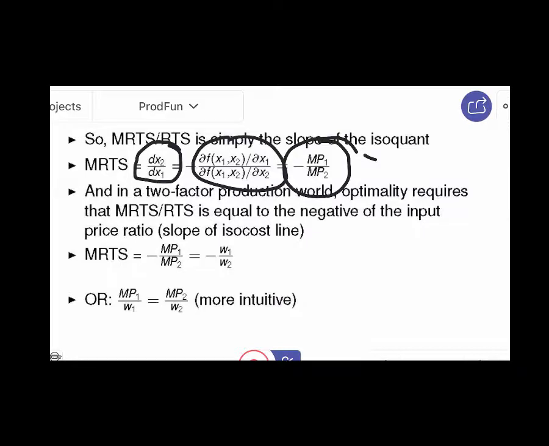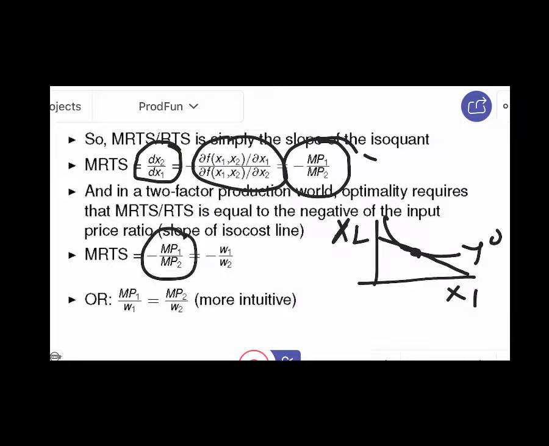And in a two-factor world, if we are optimizing cost of producing a given level of output, which is described by this isoquant, then we are equating the price ratio, or the slope of the isocost, to the slope of the isoquant.